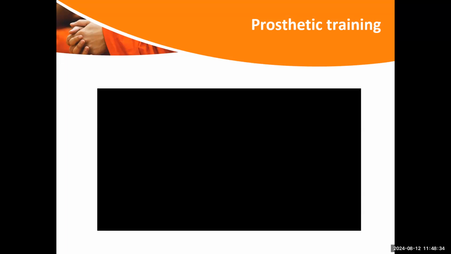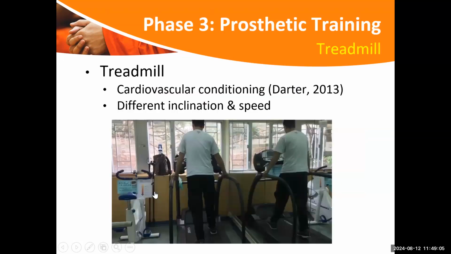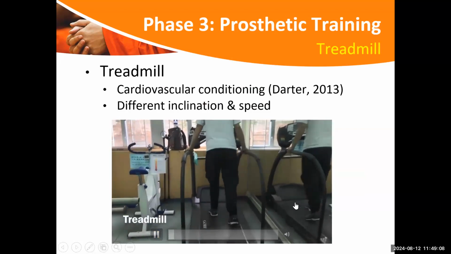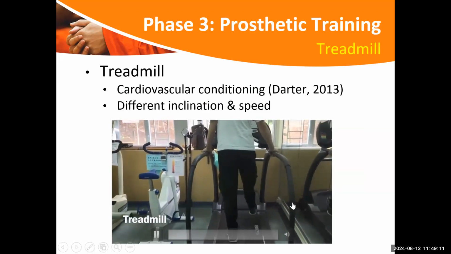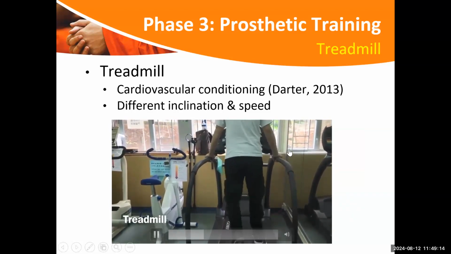You need to use your trunk. With that design, you step the good leg forward, the back knee is flexed a little bit, and because you have the spring, when you release it, it will bounce to the front. So you won't need to use your trunk to propel the prosthesis to the front.